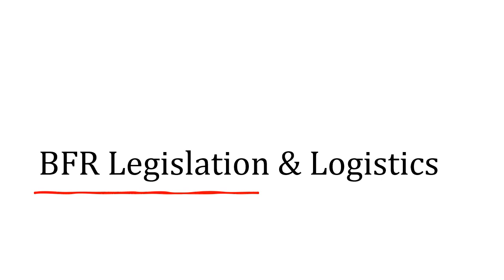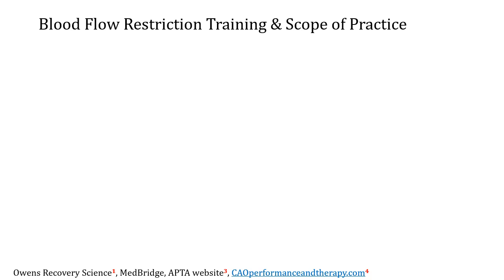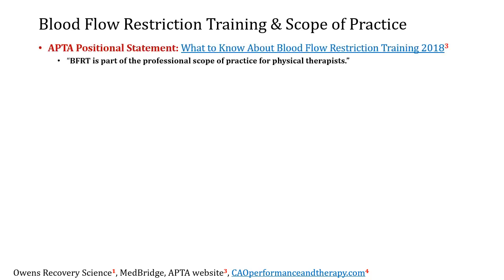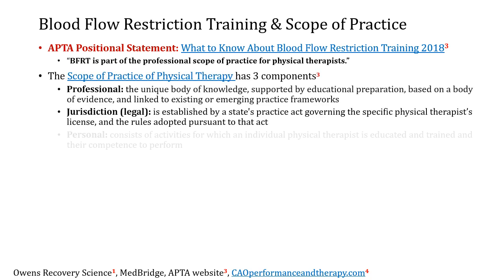And then the final thoughts on legislation and logistics. Scope of practice. According to the APTA, though I'm not completely aware of what the American Occupational Therapy or Hand Association has otherwise come out with, to my understanding it is also within the scope of practice of other therapists and therapies as well.